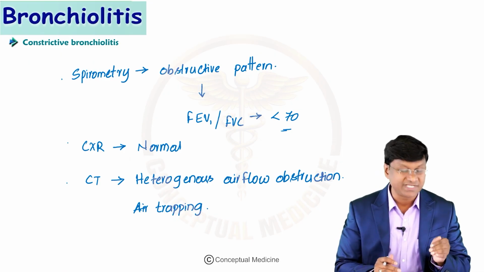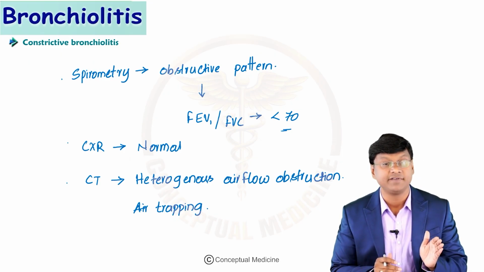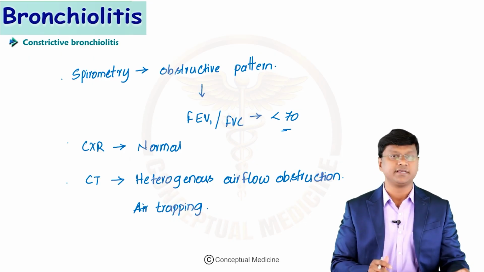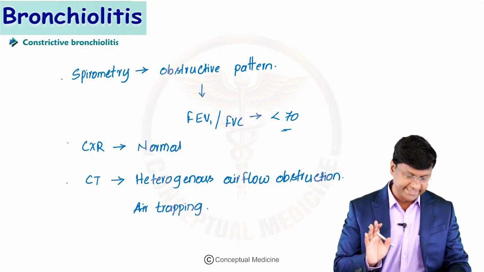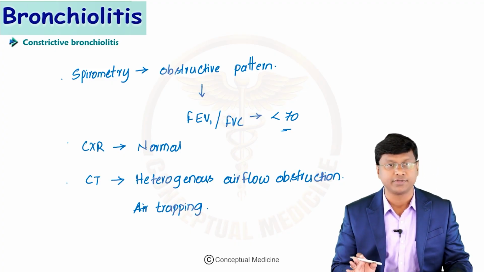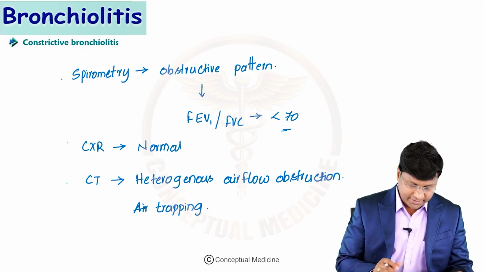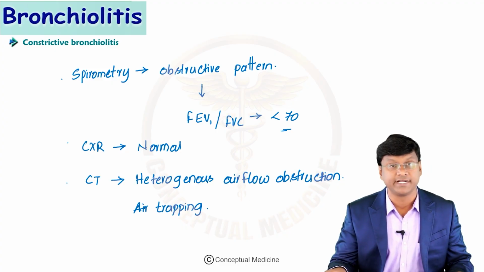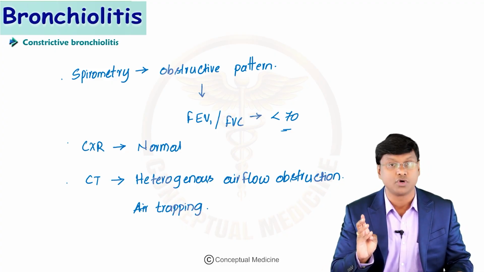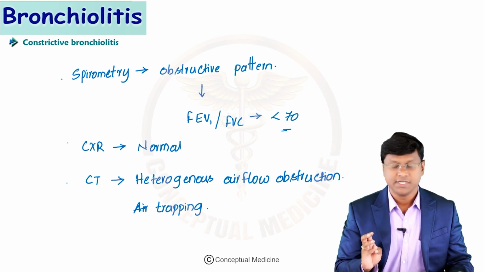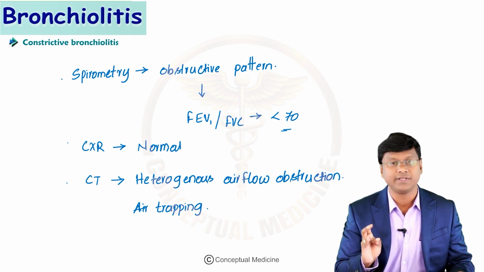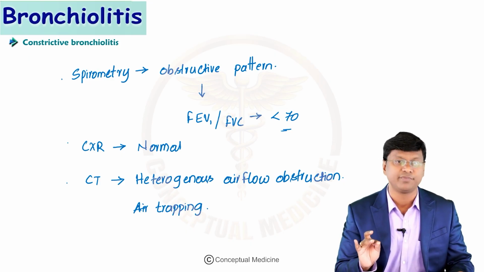And these individuals with constrictive bronchiolitis have a progressive, deteriorating clinical course. That is what you will observe in constrictive bronchiolitis. Let me just summarize this. Constrictive bronchiolitis, also called obliterative bronchiolitis or bronchiolitis obliterans, is most commonly seen following inhalational injury, and it is a rare type of bronchiolitis.